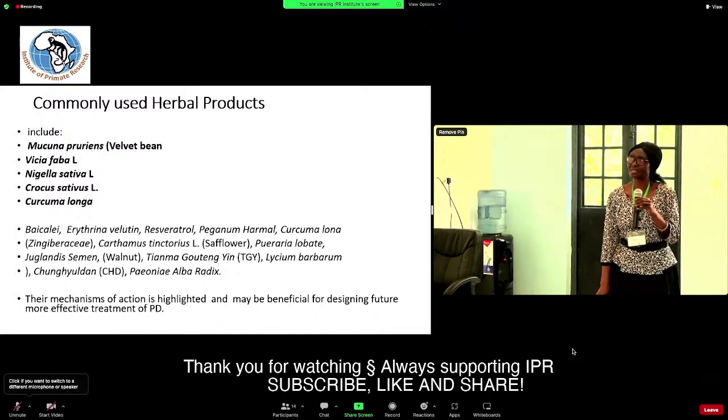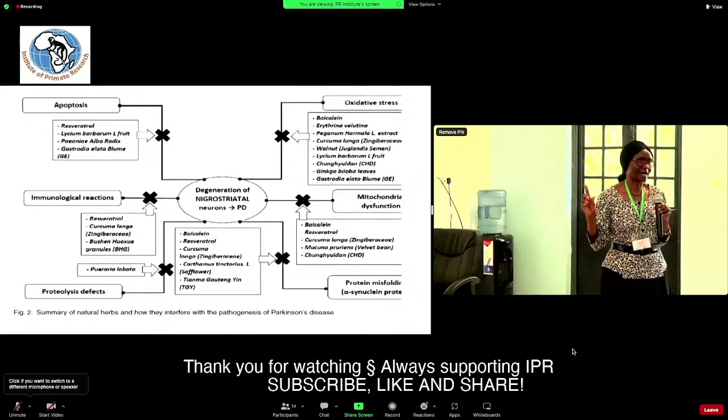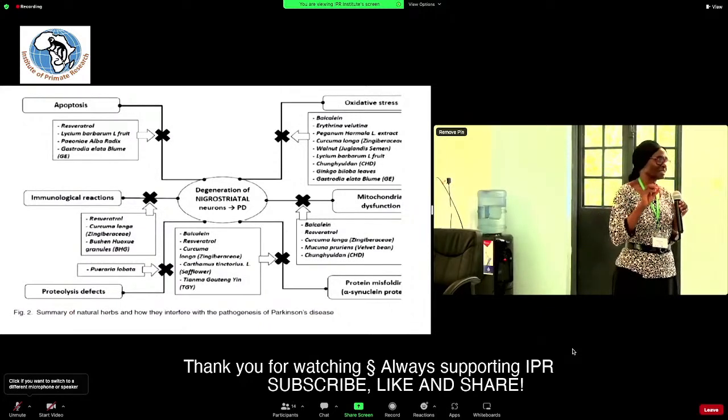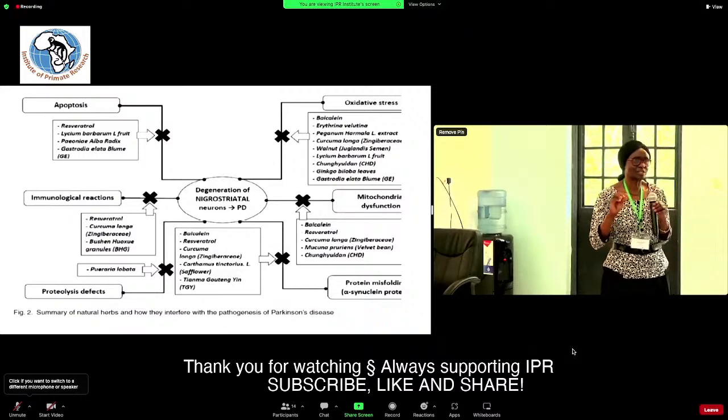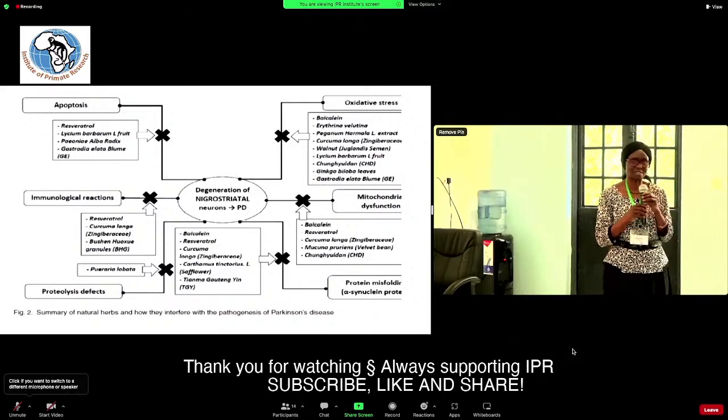Next. So if you remember this slide, I had placed it there in the pathogenesis of Parkinson's disease. What I've done is superimpose the herbs on the pathogenesis of Parkinson's disease so that you can see at what level each one of these herbs is intervening, what their mechanism of action is in alleviation of the pathology of Parkinson's disease.